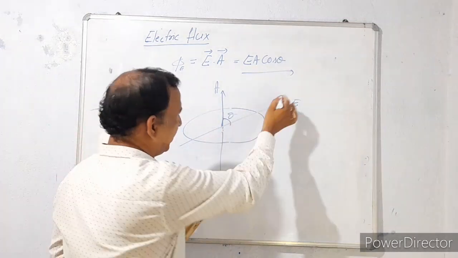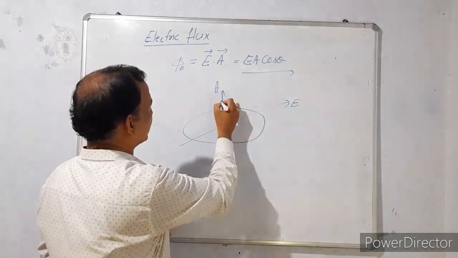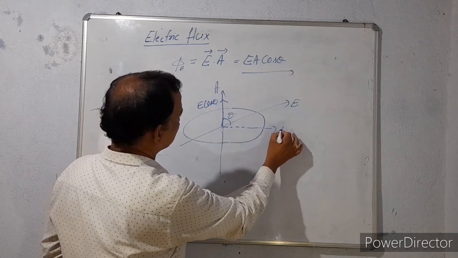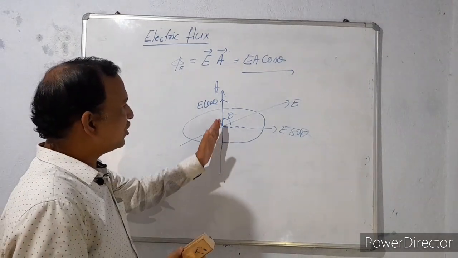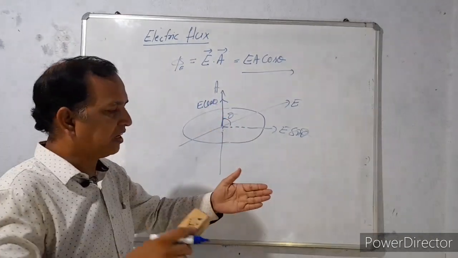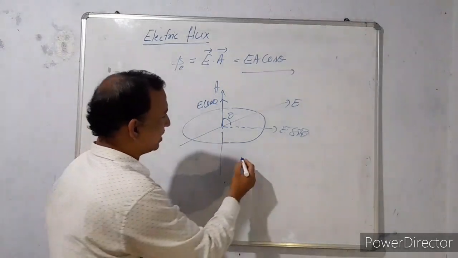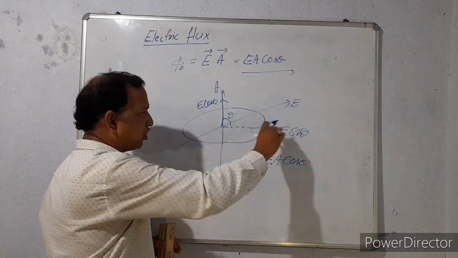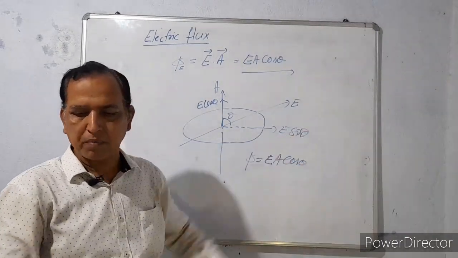So now E is resolved into two components. One component is along this direction, that is E cos theta. Other is like this, E sin theta. So in this case also, the E cos theta and A both are in a line. That means here the E cos theta is perpendicular to the area. So here phi is equal to E A cos theta. So along this E sin theta there is no flux.